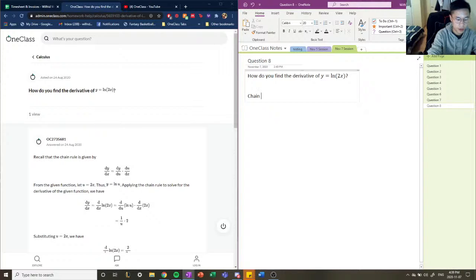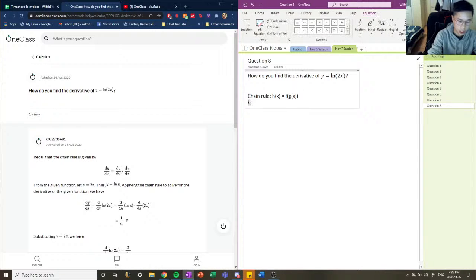So let me define what the chain rule is. Let's say that we have a function of a function, a composition function, okay? So let's say that we have f of g of x. If we wanted to find the derivative of this function, let's say that it is also equal to h of x.